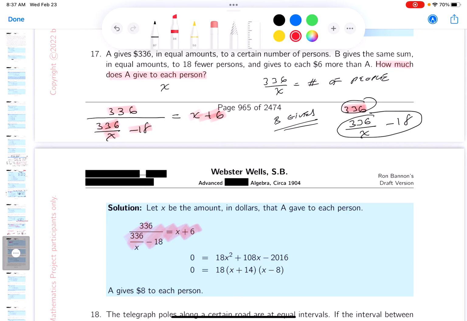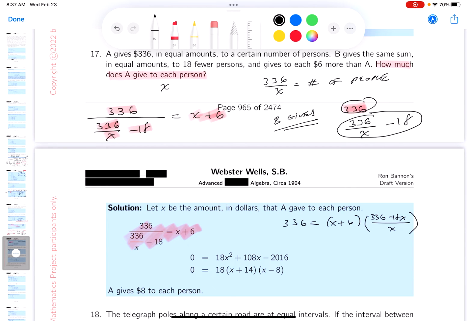I just want to go through it briefly with you. Again, you may have a different strategy, but the bottom line, I get 336 equals X plus 6 times, and I'm going to be very careful to write this over here, 336 over X minus 18.